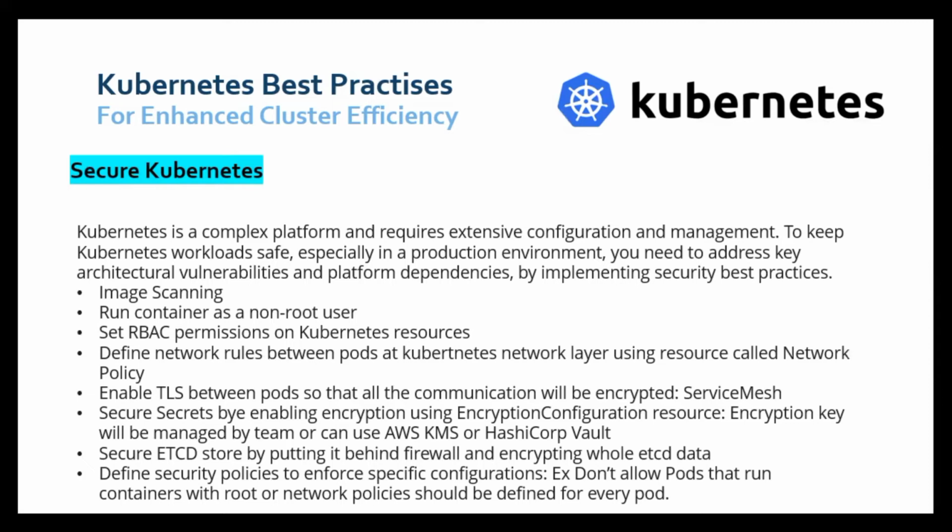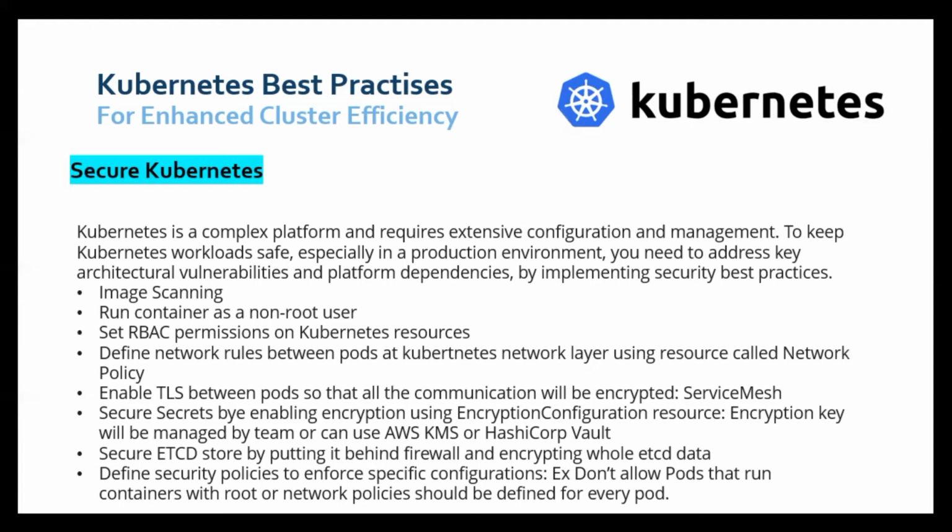The next one is securing secrets, by enabling encryption using the encryption configuration resource. Secrets are objects, like we have a secret object in Kubernetes, in which we can store our credentials or any API password in the form of base64.